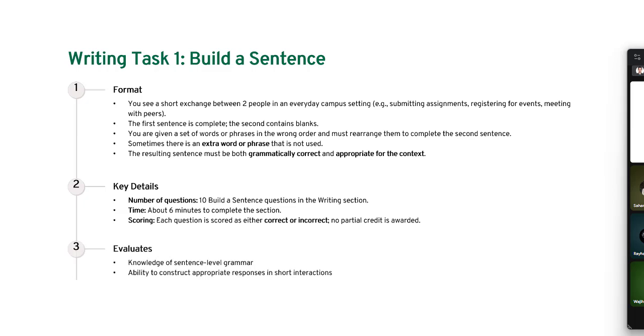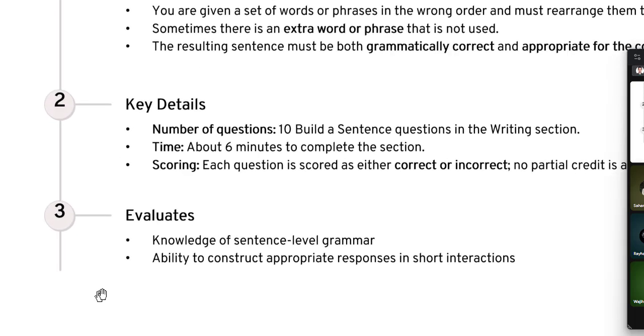The next is what it evaluates. It evaluates the test taker's ability to understand sentence-level grammar. The important part here is that grammar is very important. The second part is that it evaluates the test taker's ability to construct appropriate responses in short interactions.